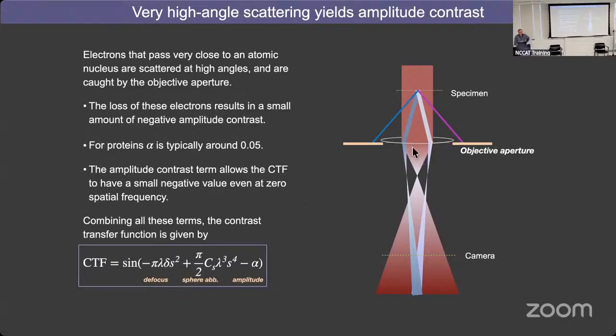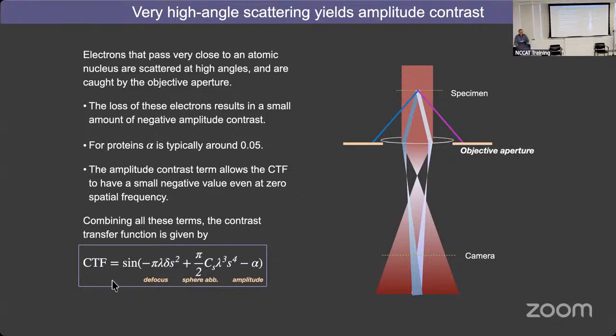And we have something called an objective aperture, which captures the electrons scattered at very high angles, and so those electrons are lost. And that means that when there is stuff in the specimen, the amount of intensity that winds up at the camera is reduced a little bit. And so this is what we call amplitude contrast.